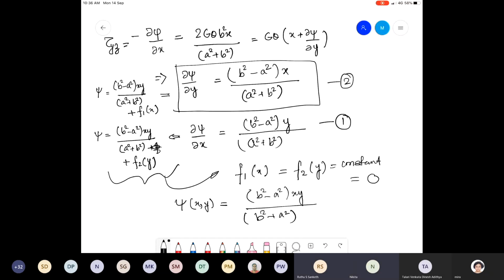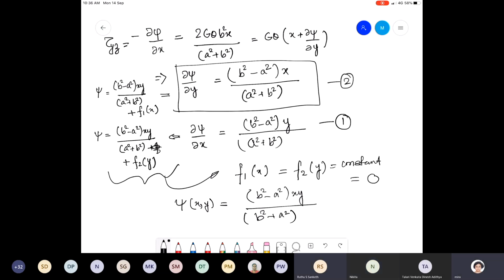Ma'am, what do you mean by constraint? Because even if we take a point origin, then we get d by dx equals to 0. So then also we can say that the constant has to be 0. No, I didn't get your question. Can you tell me once more? Ma'am, what do you mean by constraint at the origin?